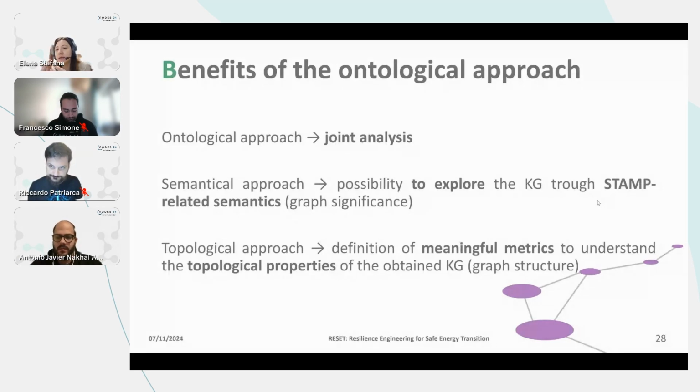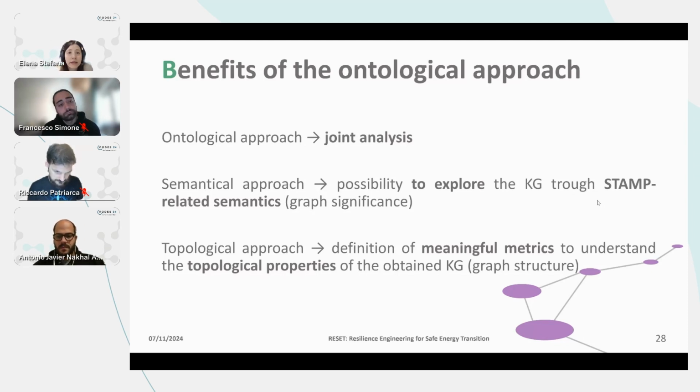We are interested not only in the structure of a graph, but we can use the taxonomy, the nomenclature typical of a STAMP model, for navigating and understanding the knowledge graph better.